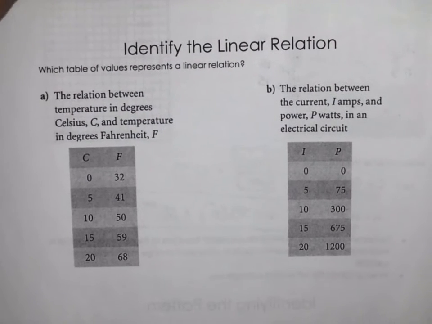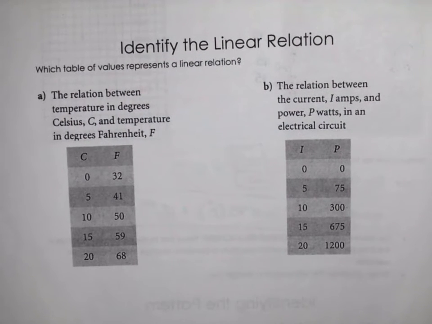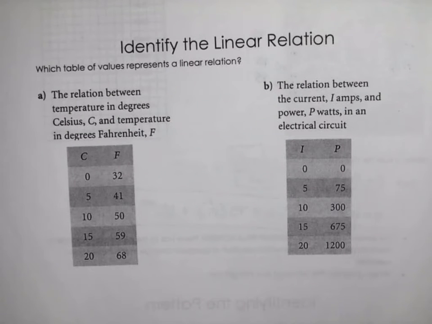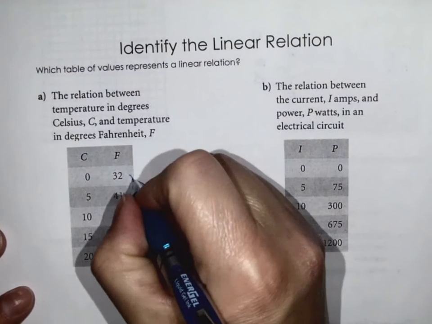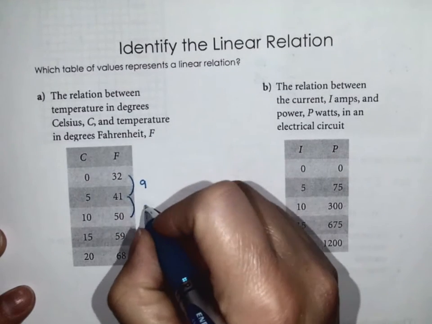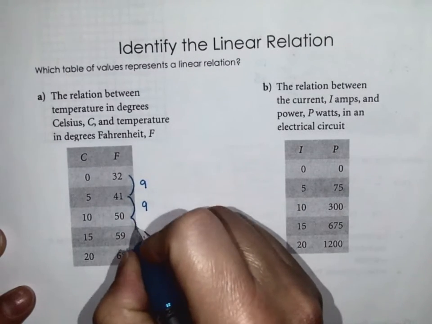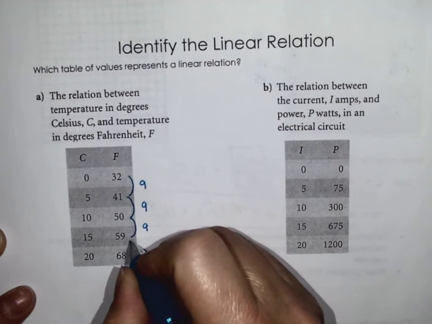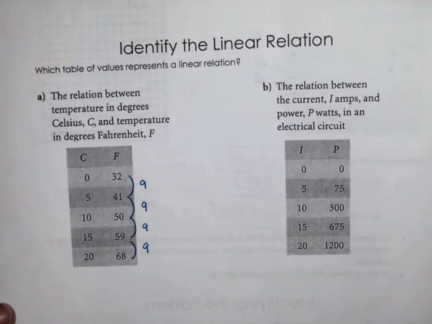Which table represents a linear function? Easiest thing to do is start looking at what the difference is between the numbers. So from here to here is 9. From here to here is also 9. This is 9. And that's 9.